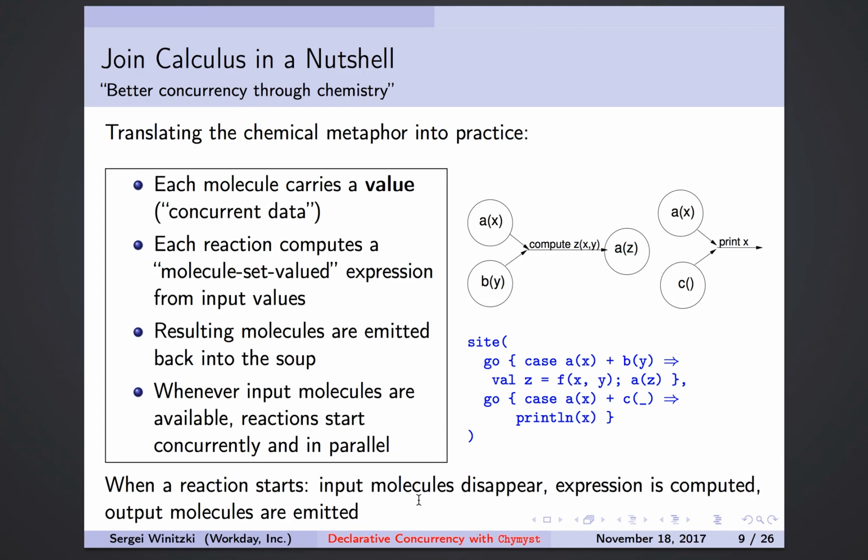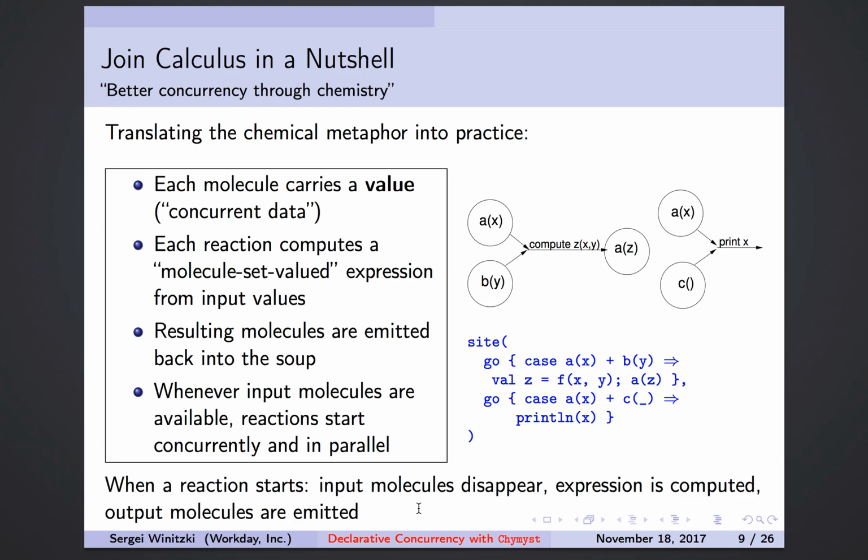This is how the chemical machine simulates reactions and in this way performs arbitrary computations. So this is actually the entire model. There is nothing else in principle to learn about the chemical machine to be able to implement it.